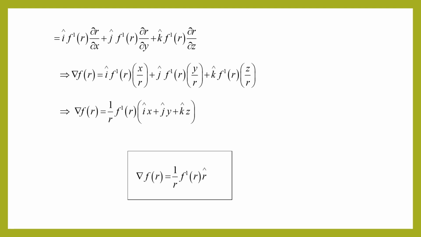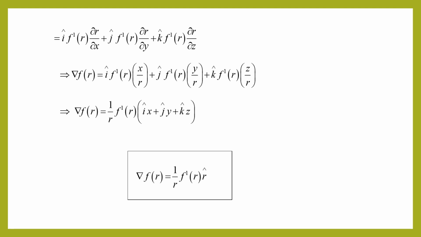We get this value by differentiating f of r partially with respect to x, y, and z respectively. After that, ∇f(r) becomes i f'(r) times x/r plus j f'(r) times y/r plus k f'(r) times z/r. So what we have done here?